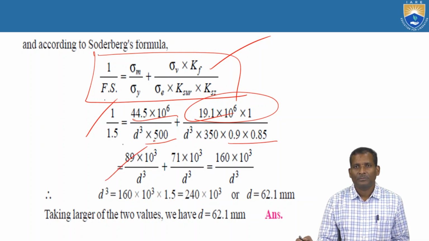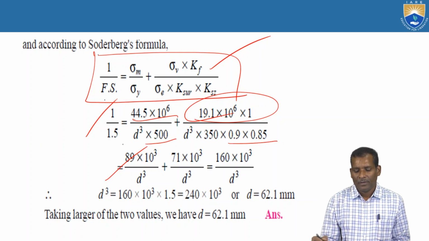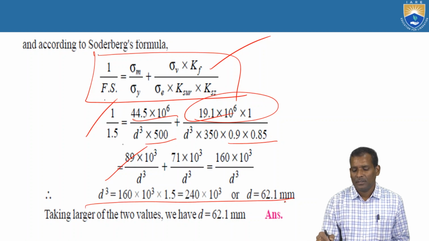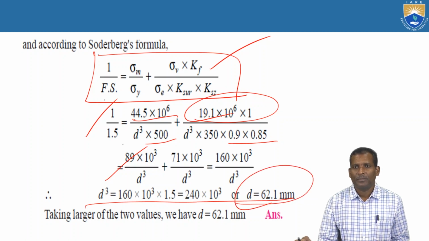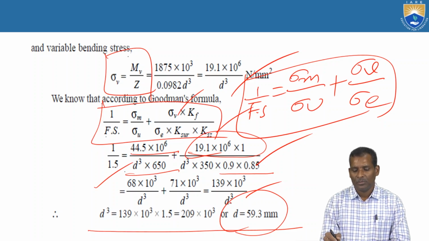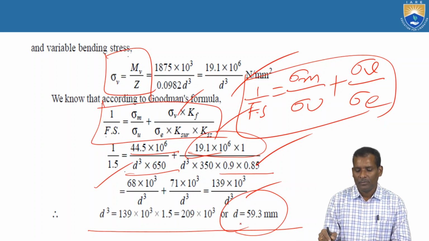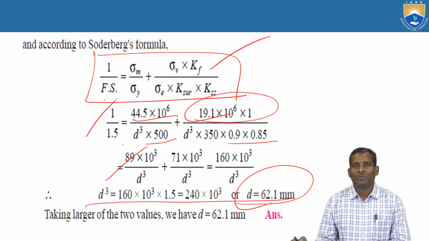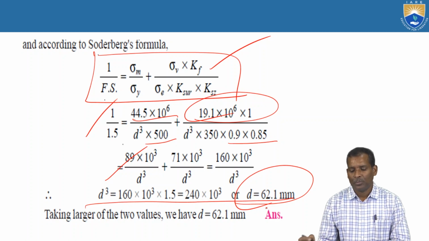Substitute all values you calculated in the previous step and find d here. So d is 62.1. According to Goodman formula, the d value is 59.3, and according to Soderberg formula, d is 62.1.